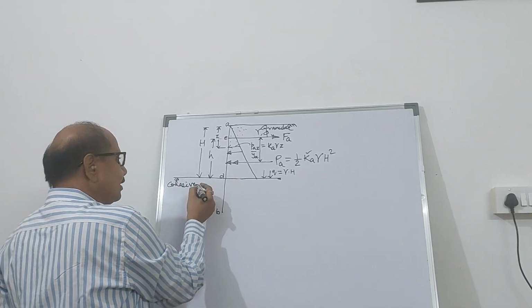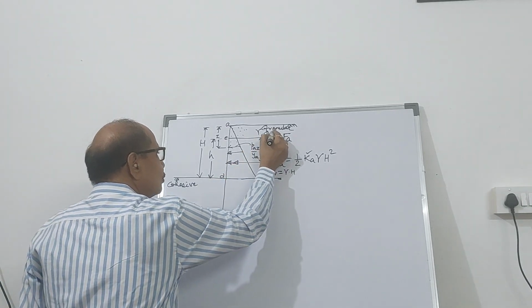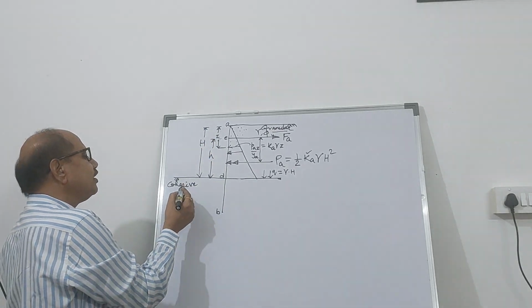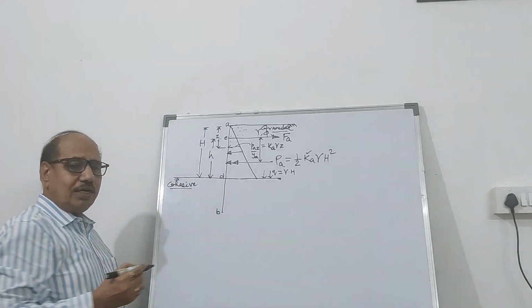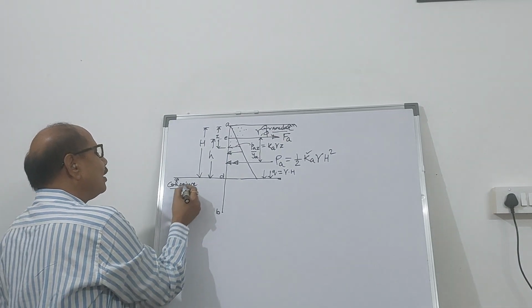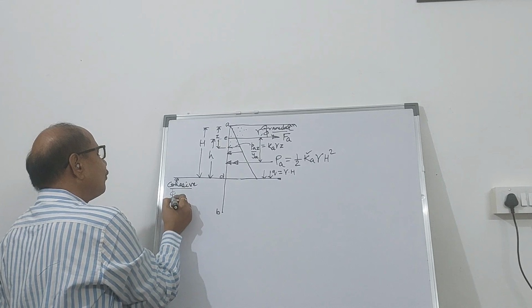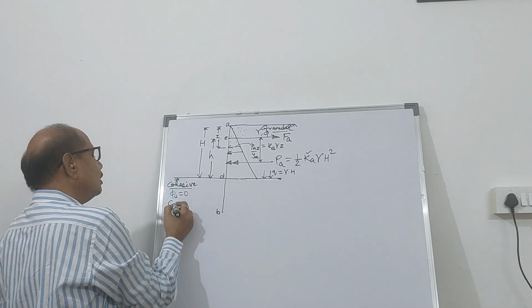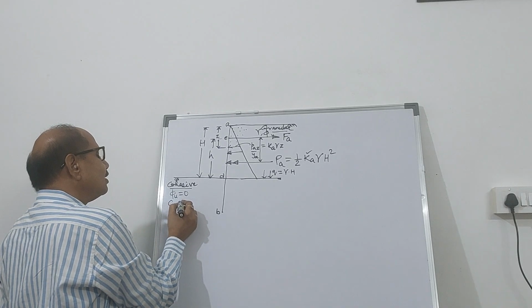Because at D, the soil is no longer granular in nature. It is going to be cohesive, so it is purely cohesive. Therefore, phi u equals 0 and Cu is not 0.